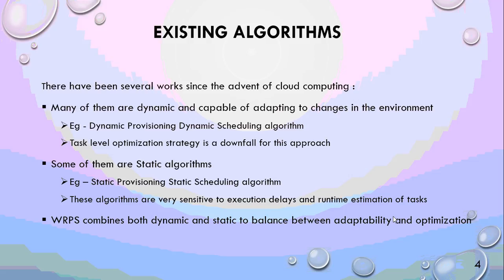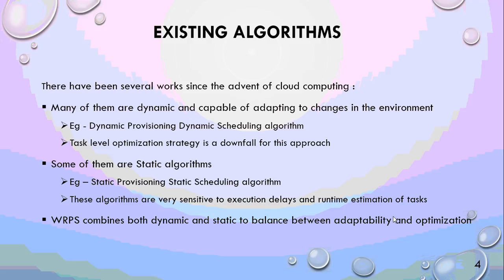We know that there are a few existing algorithms already. Some of them are dynamic and some of them are static. An example of a dynamic would be dynamic provisioning, dynamic scheduling algorithm, but it has a disadvantage, which is the task level optimization strategy. And an example of a static algorithm would be static provisioning, static scheduling.